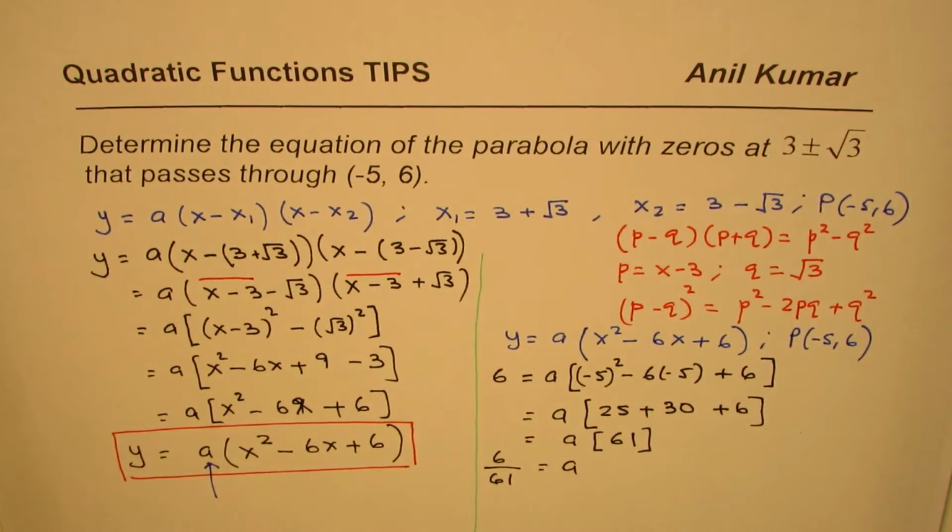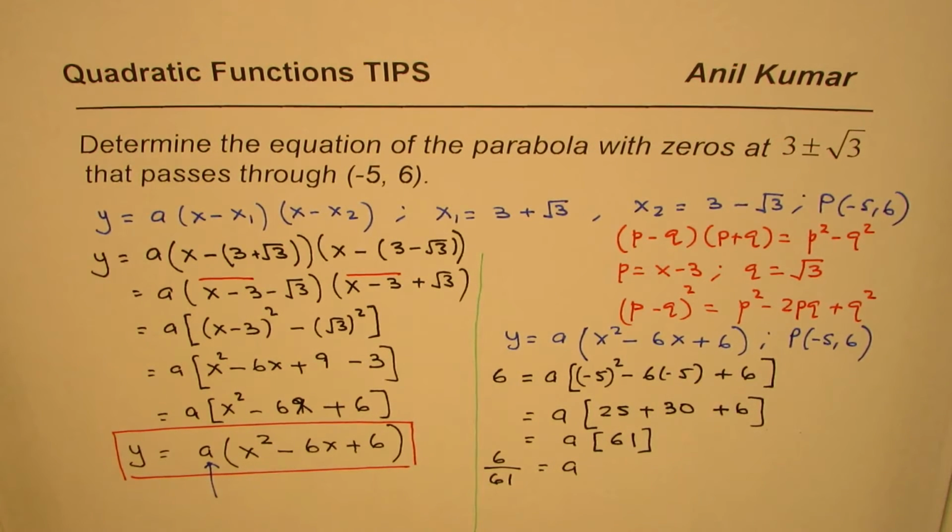You can actually check the calculations. I might have made some mistakes in the calculations, which I normally do anyway. So that seems to be my answer: a is 6 over 61. We can now substitute this and open the bracket.